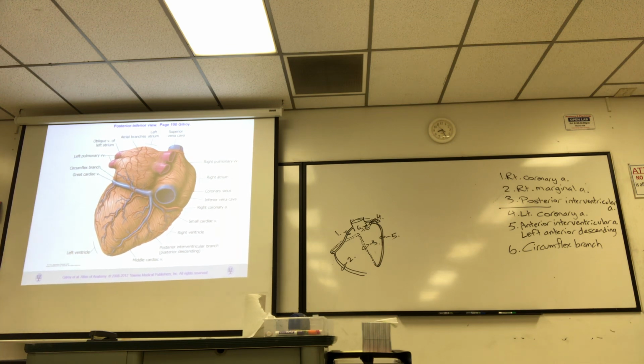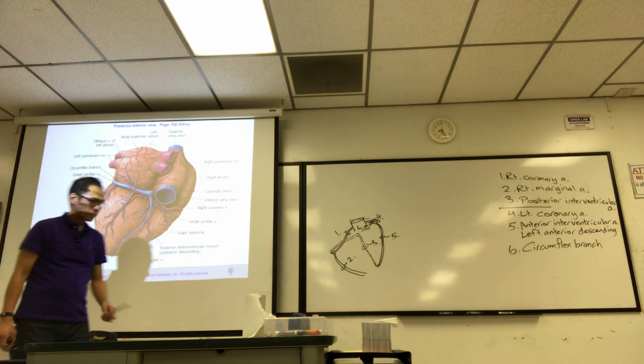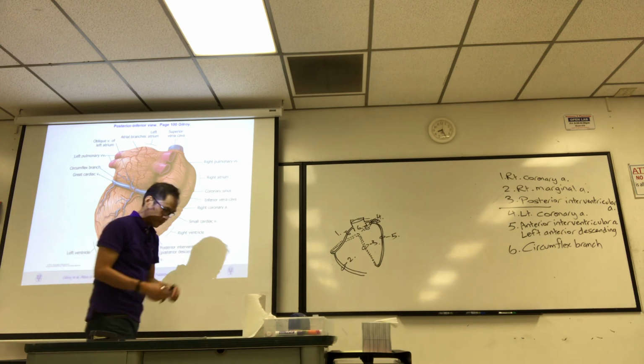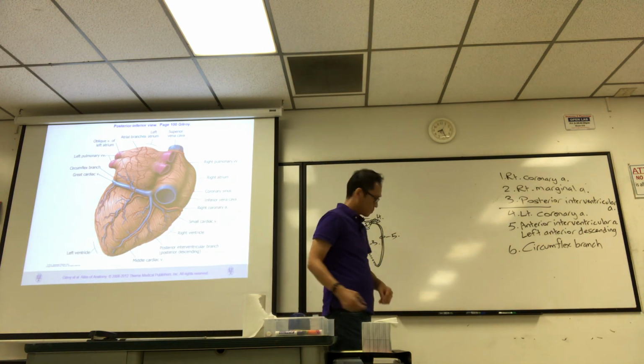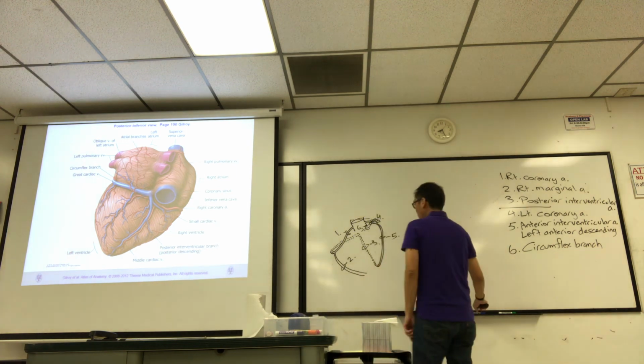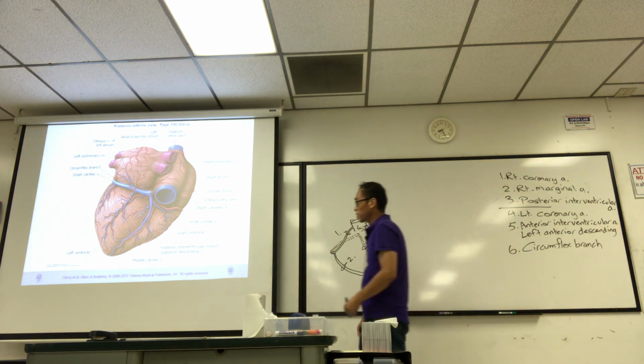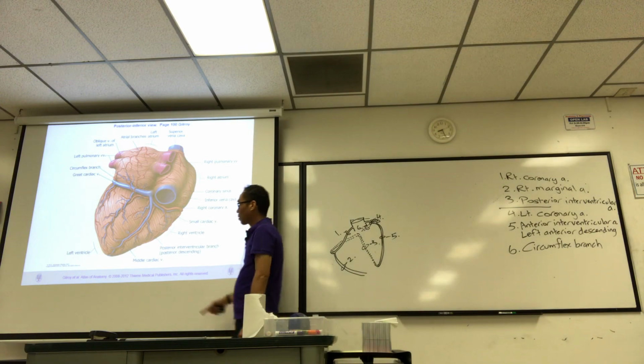Okay, let's talk about the veins that run with some of these arteries. The one that runs with the posterior interventricular branch is the middle cardiac vein.